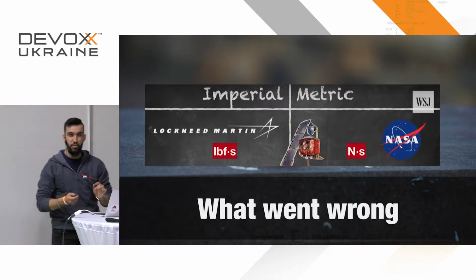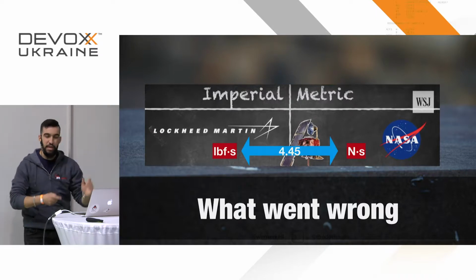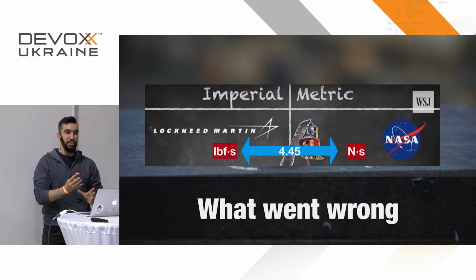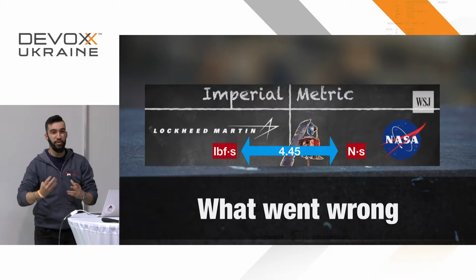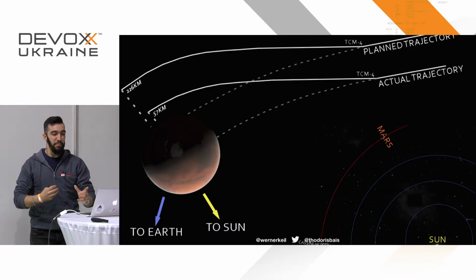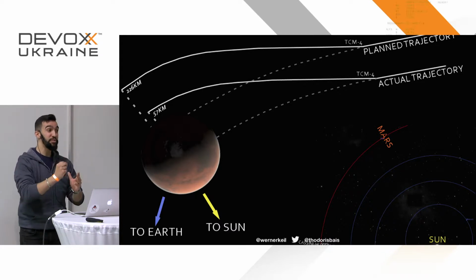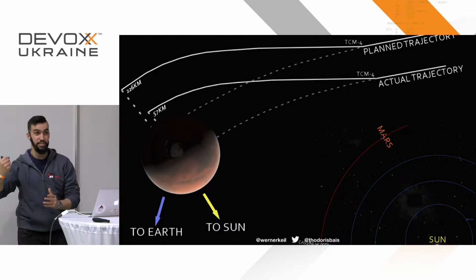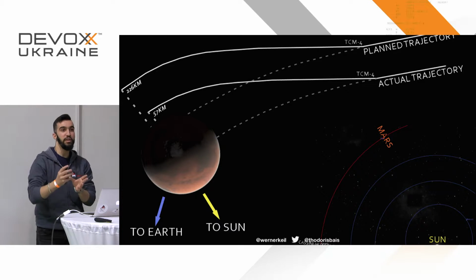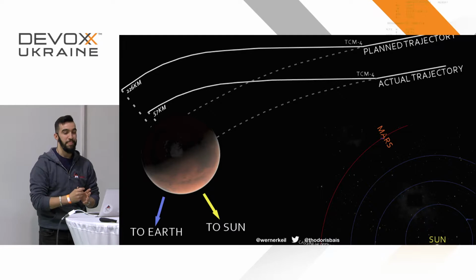How many of you know the factor that is there, the difference in the factor? Anyway, it is 4.45. So you can really imagine what went wrong if you are off in your calculations by such a factor, right? And I can go a bit deeper actually by showing you what was the difference between the actual trajectory and the planned trajectory. Of course, the planned trajectory was about to move the spaceship to 226 kilometers above the surface of Mars.